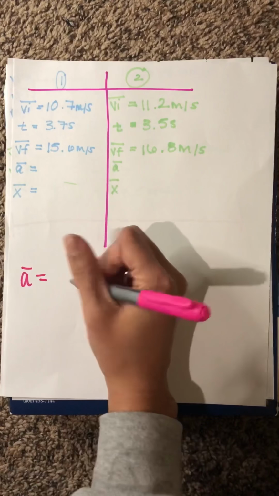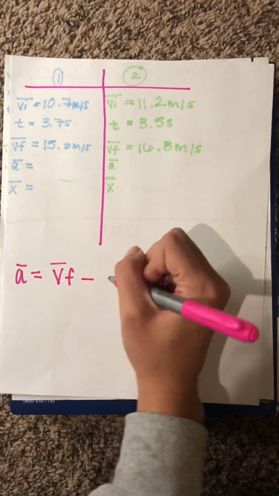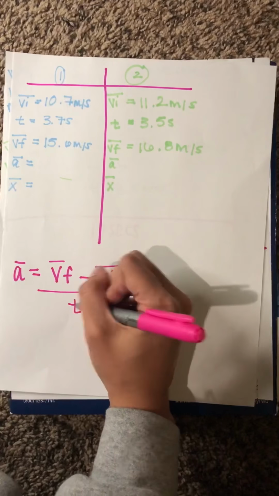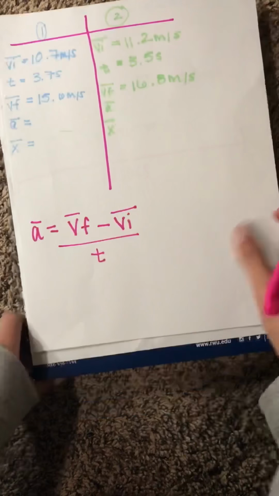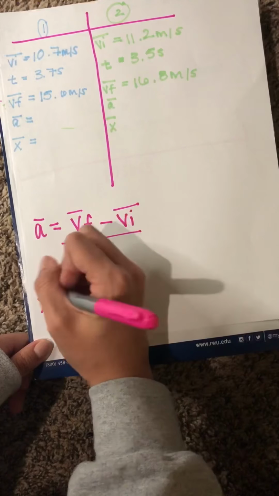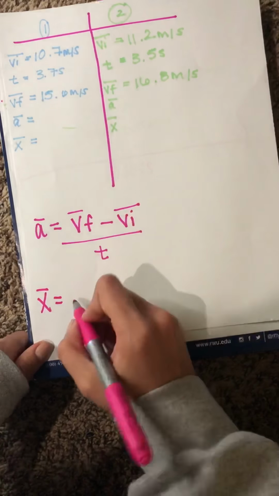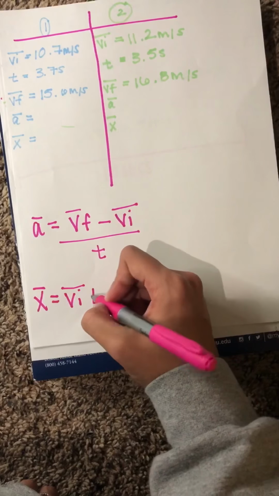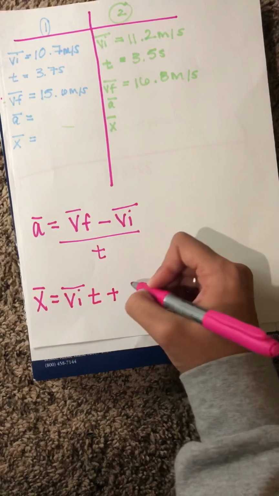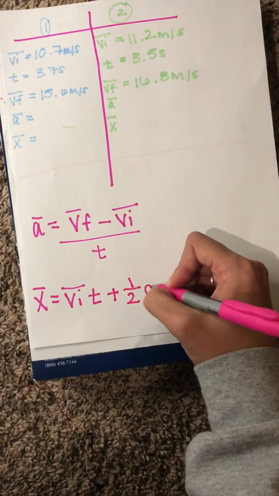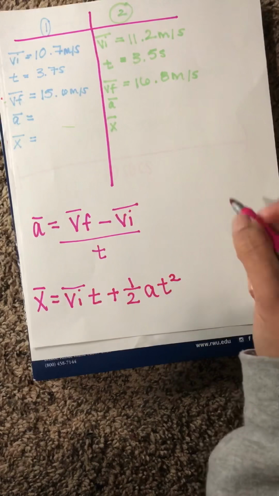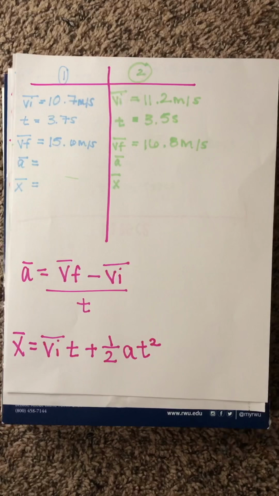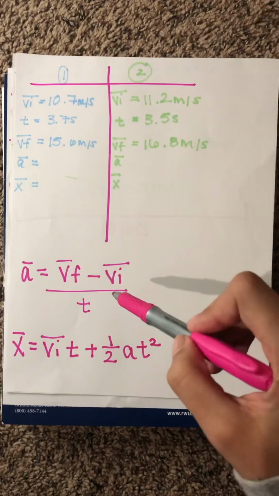Acceleration equals final velocity minus initial velocity, all over time, while displacement equals initial velocity times time plus 1/2 acceleration times time squared.